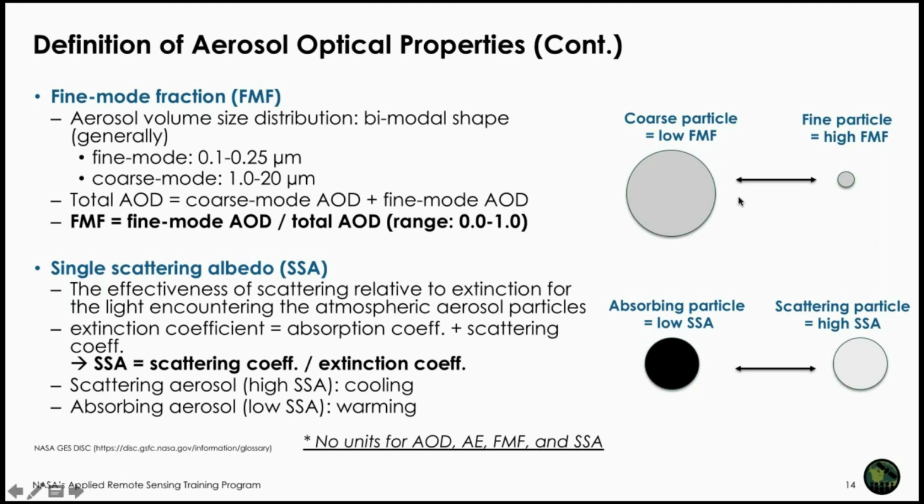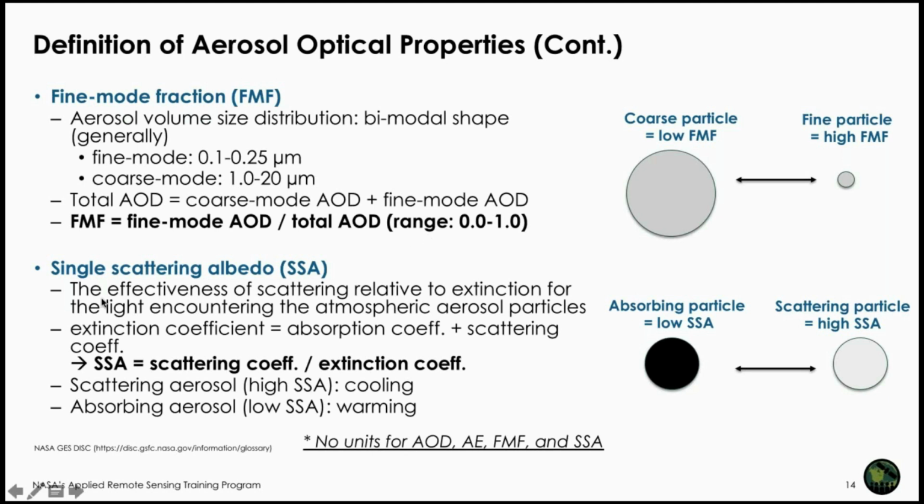If coarse particles are dominant in the atmosphere, the atmosphere has a low fine mode fraction, and vice versa. When fine particles are dominant, it has a high fine mode fraction.